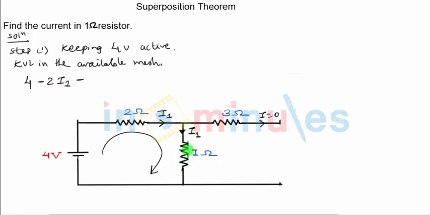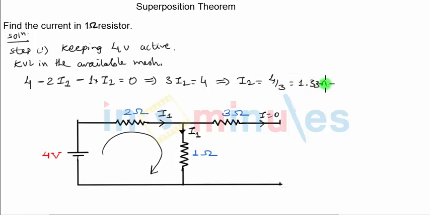Again we will be traveling in the direction of current, so it will be minus 1 into I1, and this is equal to 0. Once you solve it, you get 3 I1 equal to 4, and this gives us the value of I1. I1 is equal to 4 by 3, which is 1.33 amperes. That's the first value that we have got for I1.